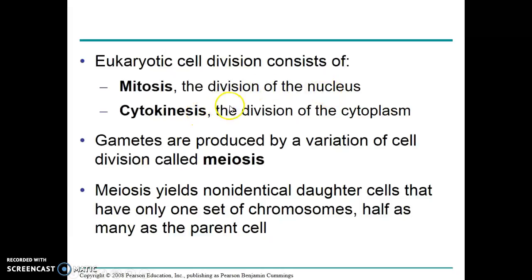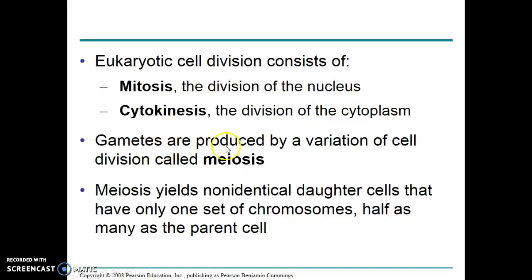Cytokinesis is the division of the cytoplasm. That's the last stage where the 2 cells separate, and each one has its own chromosomes.